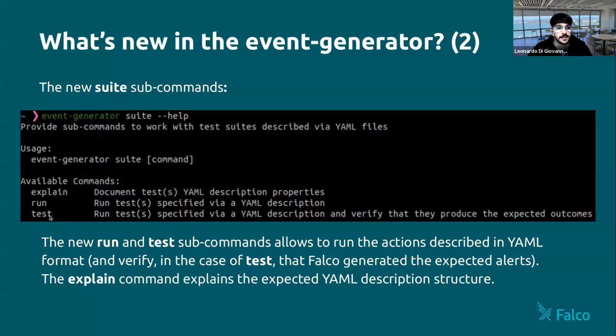The difference is that with the test command, you are not only able to run tests specified via YAML description, but you can also instruct the event generator to connect to Falco and verify if Falco produced the expected alerts as a response to the suspicious events that the event generator generated.